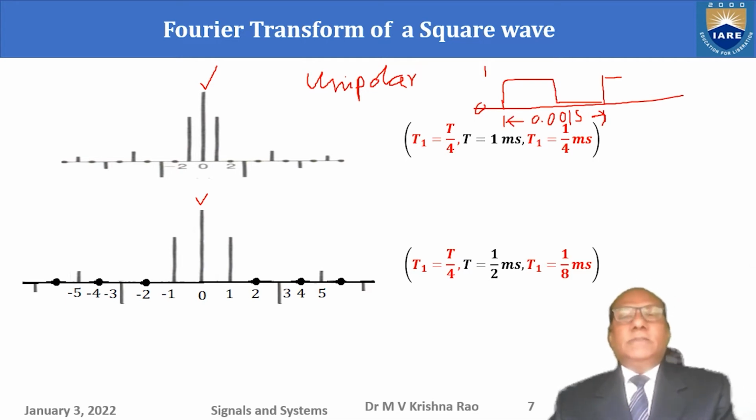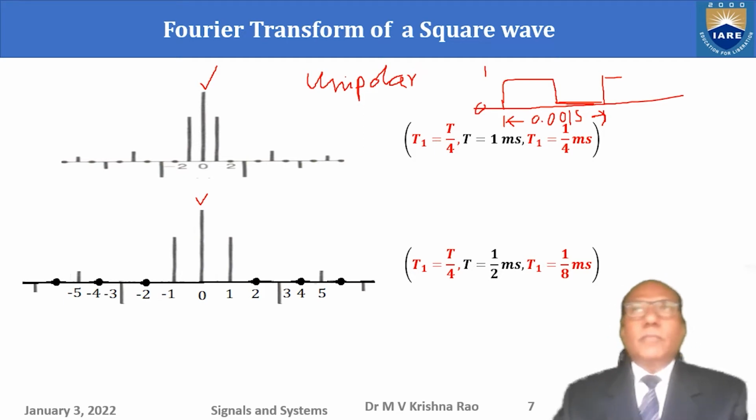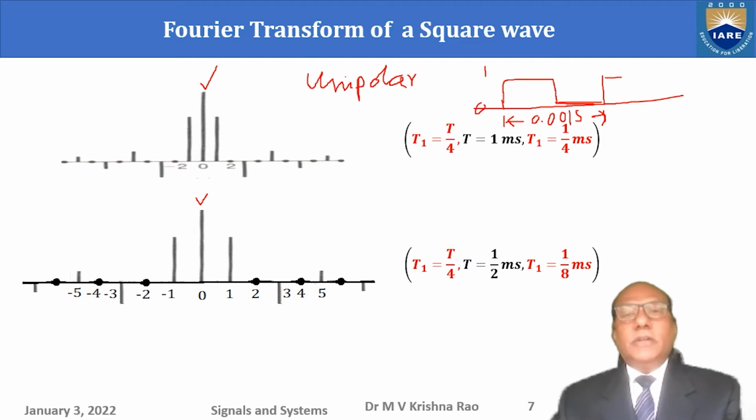Then T1 is T by 4. So in our notation, 2T1 equal to T by 2. T by 2 is again half of the cycle. So if I take the half cycle, what is the on period now?